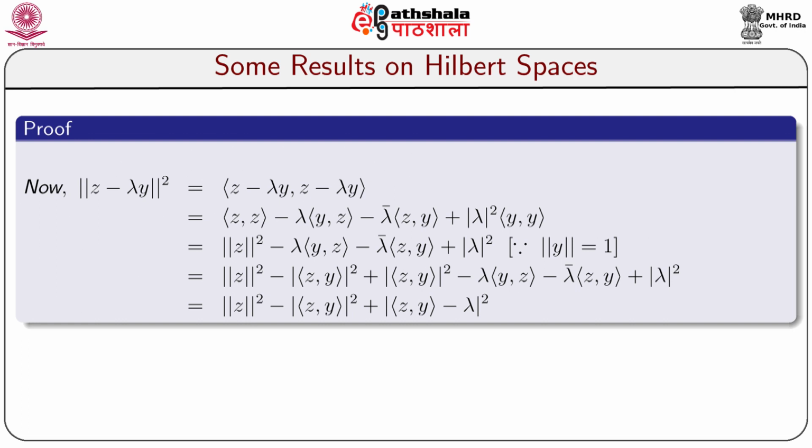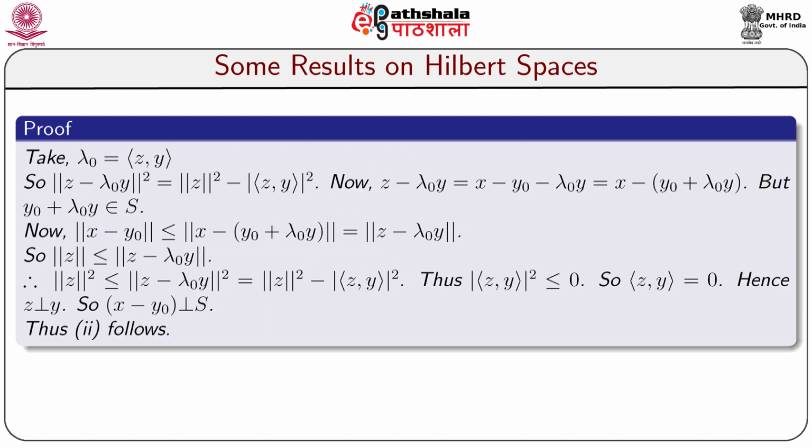Now, norm of (z minus lambda y) square is equal to inner product of (z minus lambda y, z minus lambda y), which is equal to inner product z comma z, minus lambda times inner product y comma z, minus lambda bar into inner product z comma y, plus modulus of lambda square into inner product y comma y, which is again equal to norm z square minus lambda times inner product y comma z minus lambda bar into inner product z comma y plus modulus of lambda square, as norm of y equals 1, which is equal to, on simple calculation, norm of z square minus modulus of inner product z comma y whole square plus modulus of (inner product z comma y minus lambda) square.